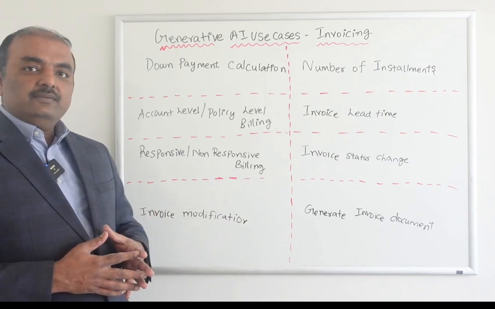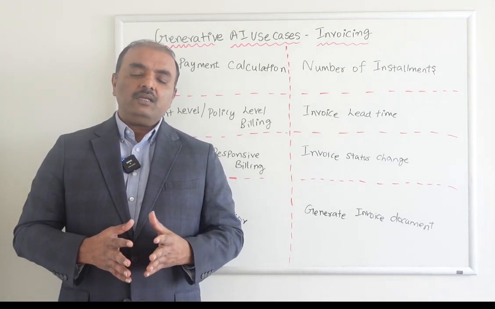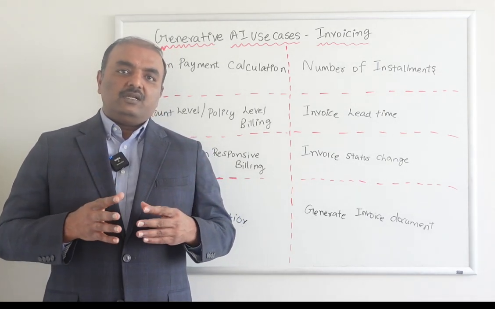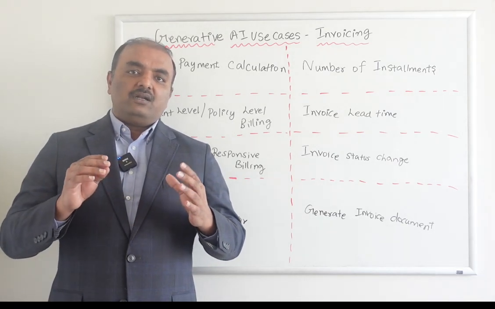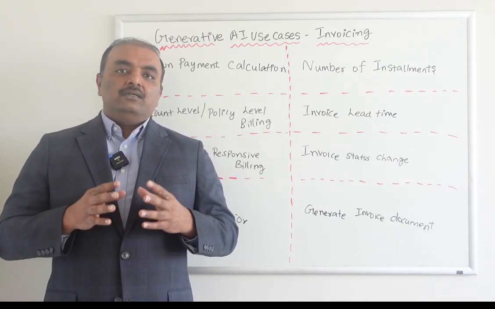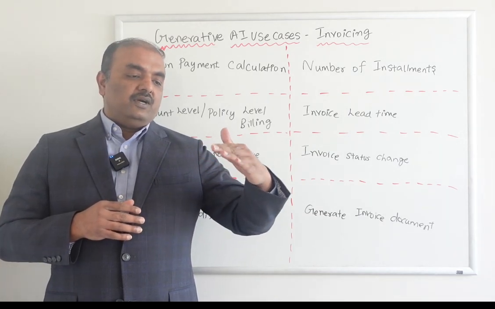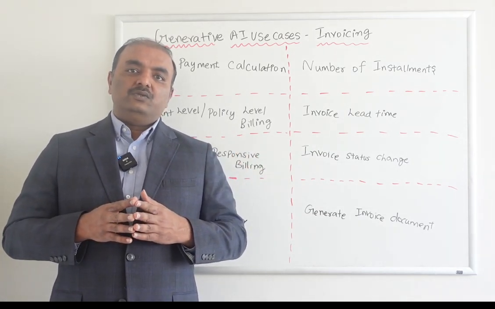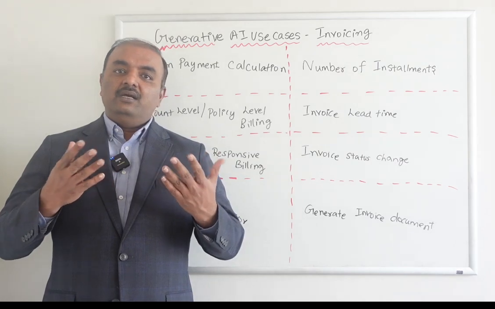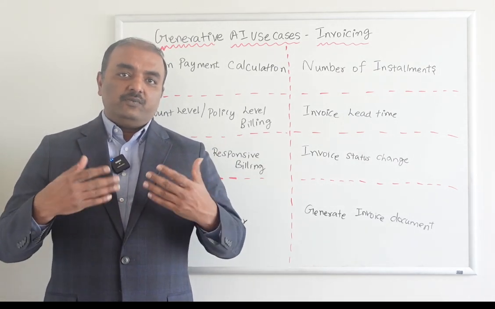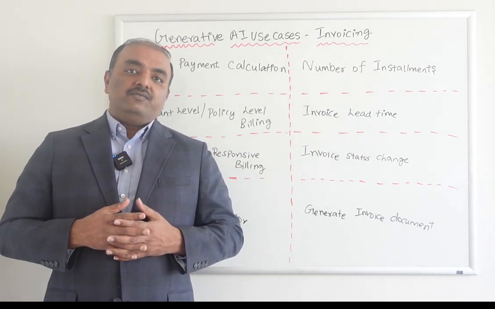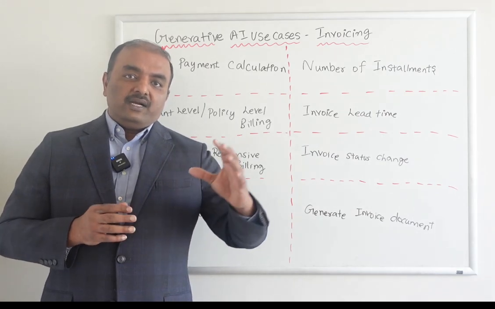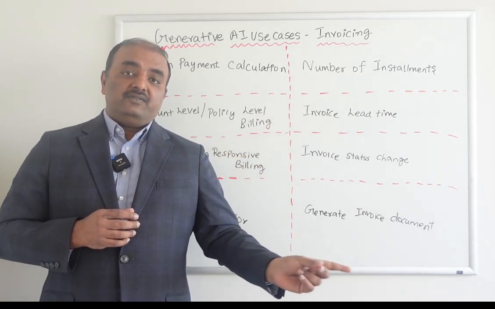Invoice modification, right? Most of you know, when an invoice is sent to the customer, there could be scenarios where the amounts are not correct, or sometimes the customer can come and say that the total invoice amount is 200 and I need to break this into 50-50 because I don't have the money to pay it on time. So instead of doing it manually, AI can look at the data. Yes, this customer is in a financial burden.